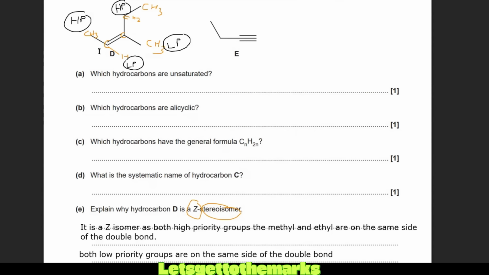You could put this into writing if you prefer this explanation and say the methyl group on top of the double bond is higher priority than the hydrogen opposite it, underneath the double bond. And then you could say the ethyl group also on top of the double bond is high priority compared to the methyl group opposite it, underneath the double bond. Therefore, both high priority groups, the methyl and ethyl, are on the same side.